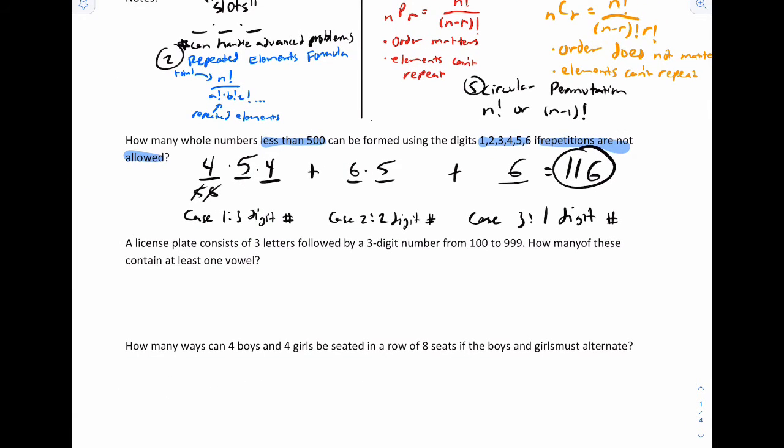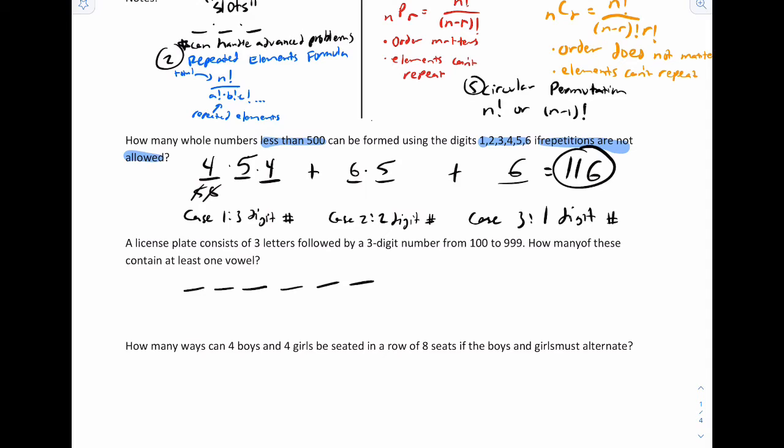Next problem. A license plate consists of 3 letters followed by a 3-digit number from 100 to 999. How many of these contain at least 1 vowel? Okay, let's put our slots down because there's 3 letters and 3 numbers.